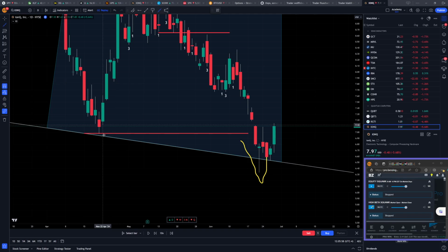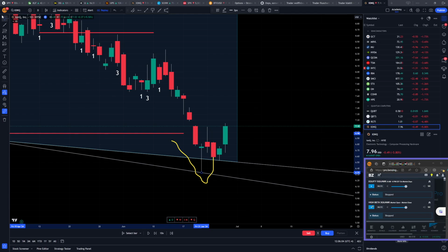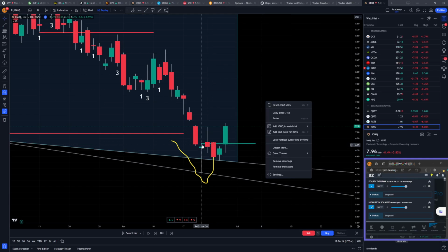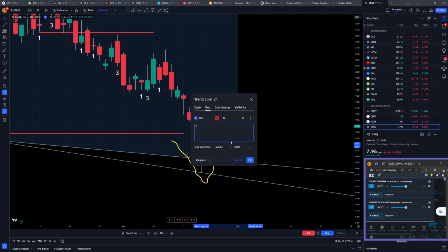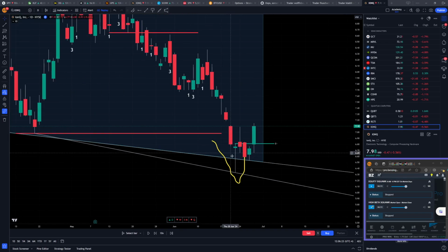We know what time it is. A new broadening formation, you look for an actionable signal. And so on the daily, it was this candle right here where we made a newer low and then finally formed an actionable signal.